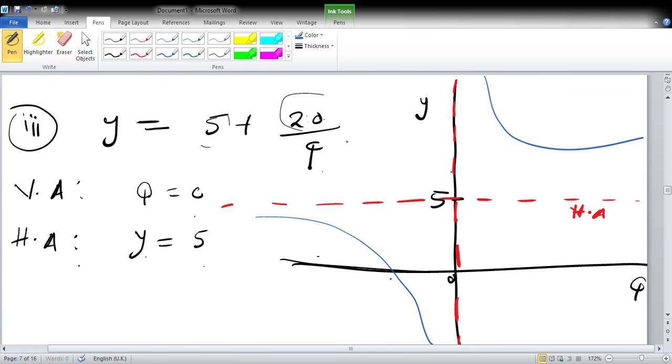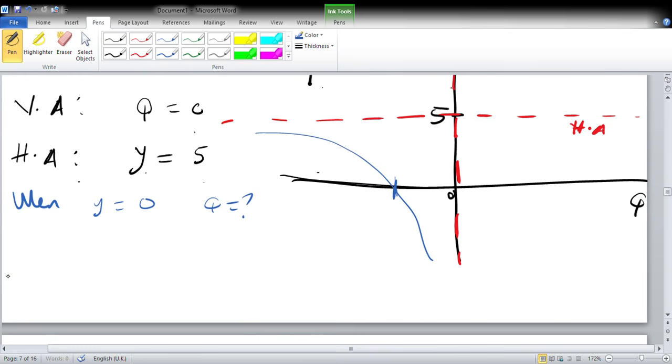So now what is happening? It has crossed the x-axis. So since it has crossed the x-axis, I have a duty to solve for the value of this q when y is 0. So we calculate when y is 0, what is q? So we're going to say that y, which was equals to 5 plus 20 over q, is 0 to be equals to 5 plus 20 over q.